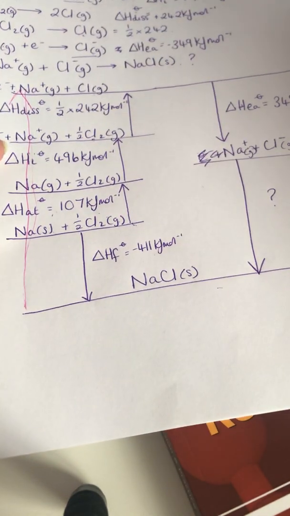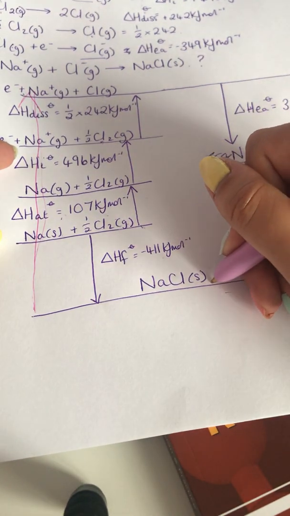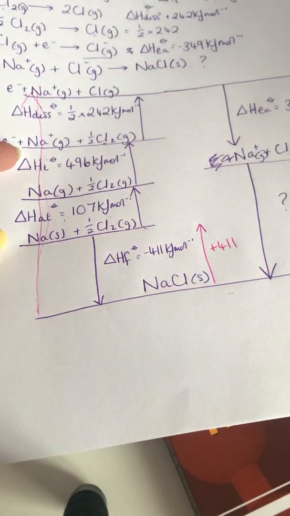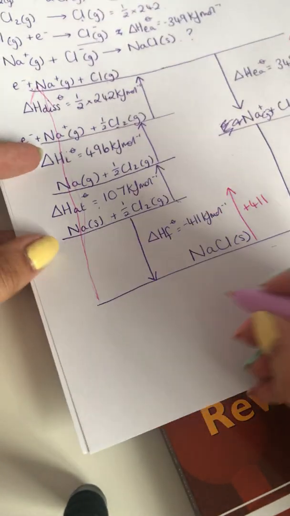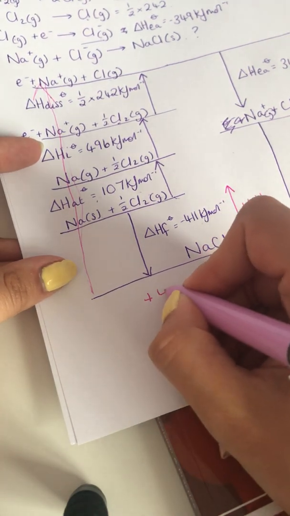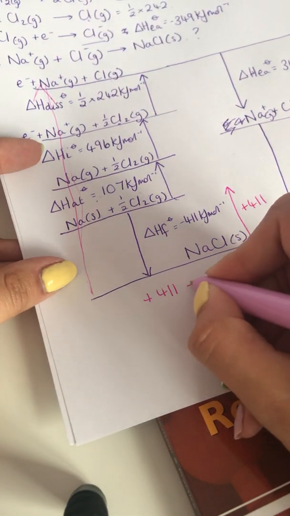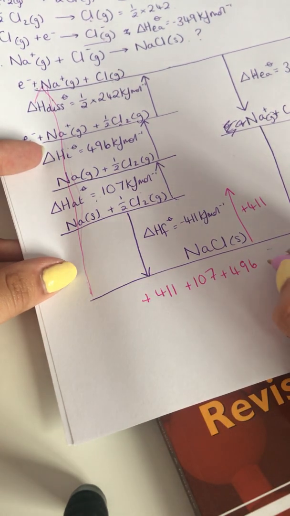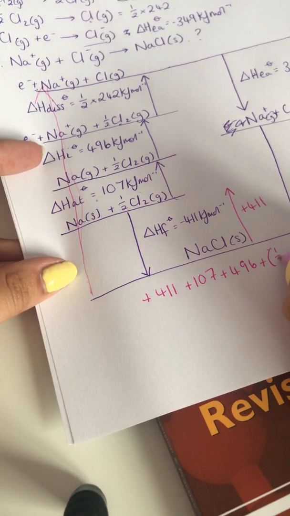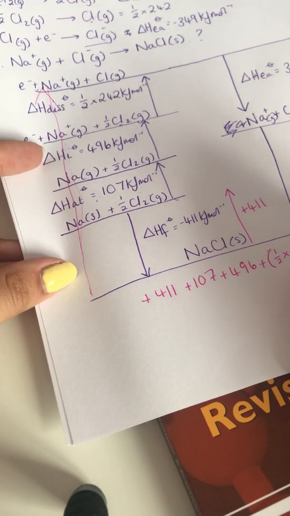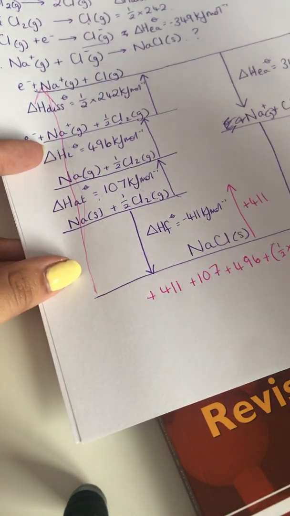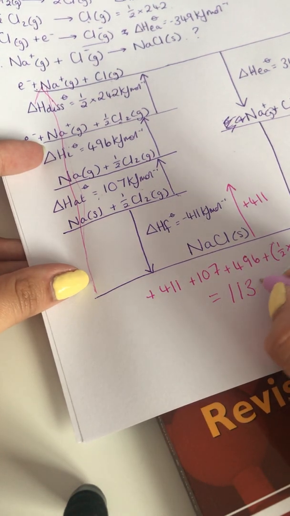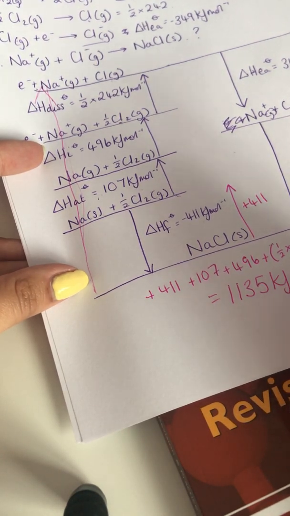So what I'm going to do here, I'm going to turn this arrow around and make it plus 411. I've then got 107, so let's start doing our calculation. We've got plus 411 plus 107 plus 496 plus a half of 242, which gives us 1,135 kilojoules.